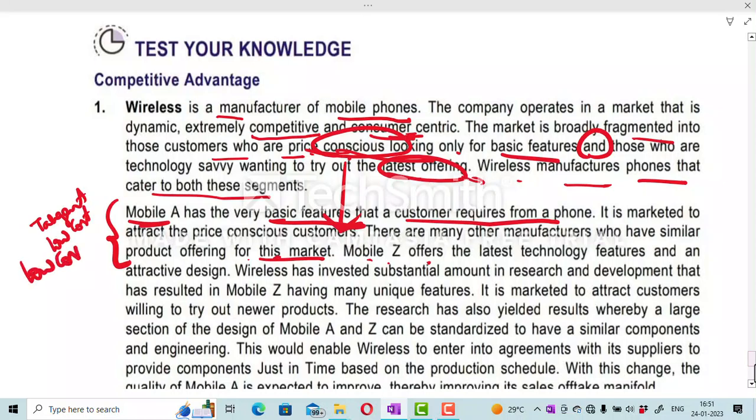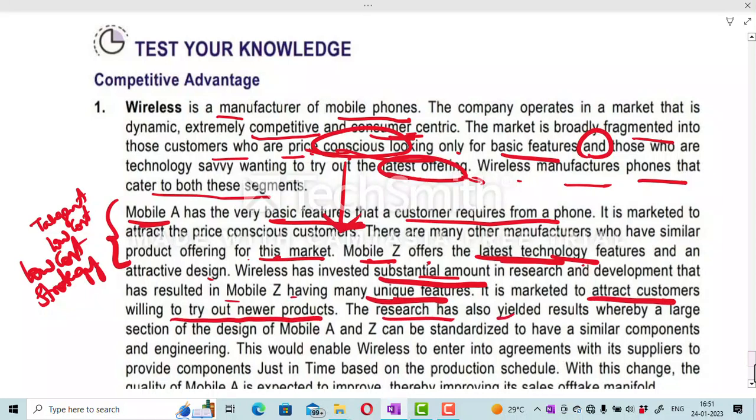When it comes to mobile Z, it offers the latest technology, meaning superior innovation and attractive design. Wireless has invested substantial amounts, so a huge amount of investment is made in this product, which resulted in mobile Z having unique features. It is marketed to attract the customers willing to try out new products.